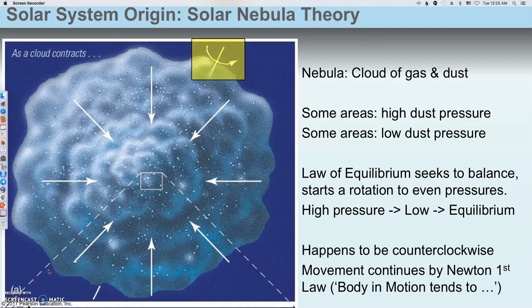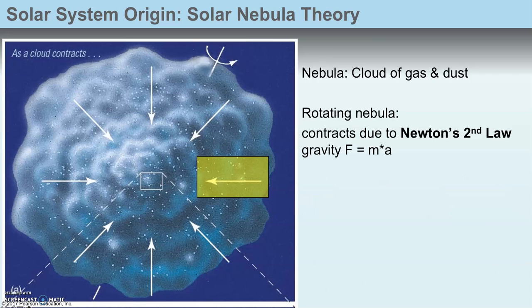So this nebula that was destined to become our solar system began its counterclockwise rotation, and there was nothing stopping it. In addition, as that happened, it also started to move the pressures into the center and start a contraction. That contraction was fueled by gravitation, that F equals ma, force equals mass times acceleration.